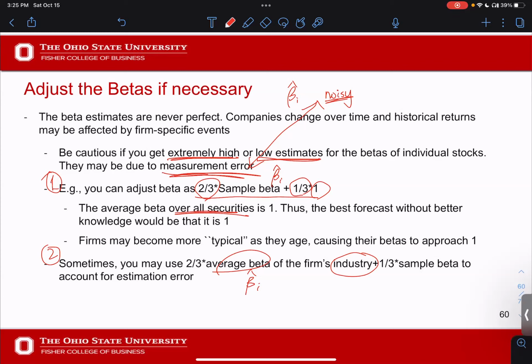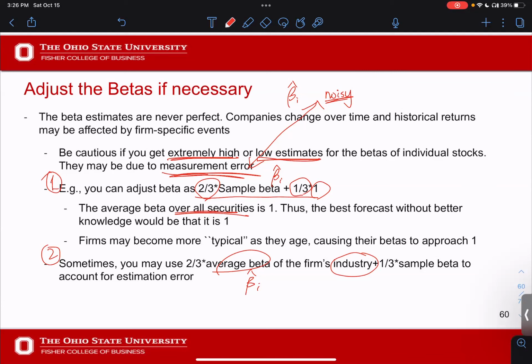So rather than using the market, industry might be a better benchmark, because the market includes too many industries and is the aggregate between all the industries. But sometimes the market does not really reflect the risk level of the industry. So if you use an industry benchmark, it might be more relevant to your specific firm.